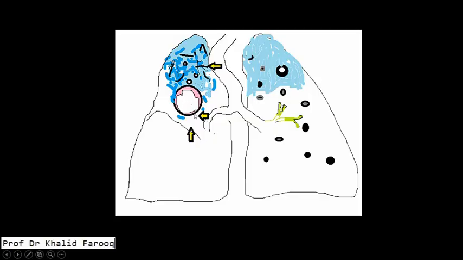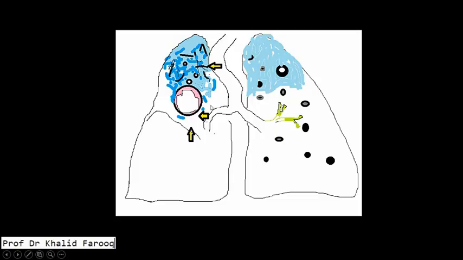We can see consolidation in combination with fibronodular densities, as is noted in right upper lobe. So due to underlying fibrotic component, there is loss of the lung volume. Because of this, we can see there is ipsilateral tracheal and mediastinal shift.